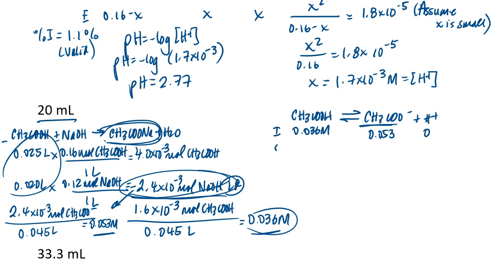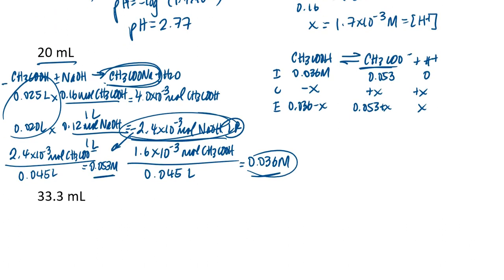And then if I carry through with my ice table, I'd still be losing some of the acetic acid, but gaining some of the acetate and also some of the protons. So if I work out the equilibrium concentration expressions, I would get the following.